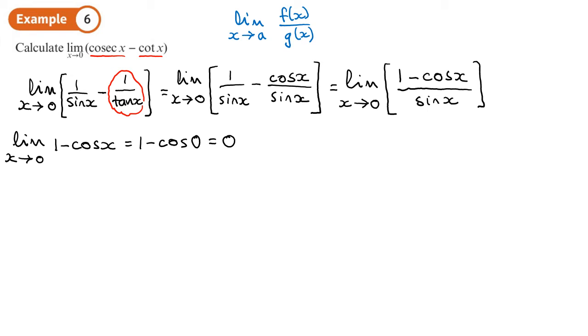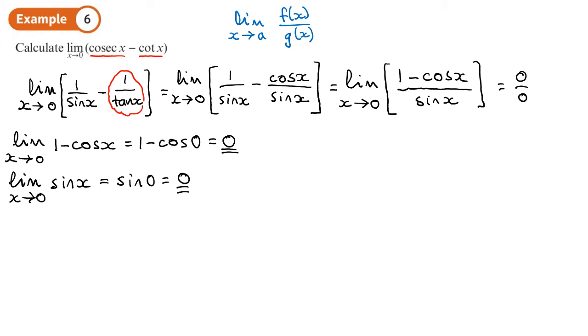So the top is indeterminate, the numerator. Let's do the same with the denominator. The limit as x tends to 0 of sine x will be sine 0, and sine 0 is 0. Okay, so this is indeterminate.